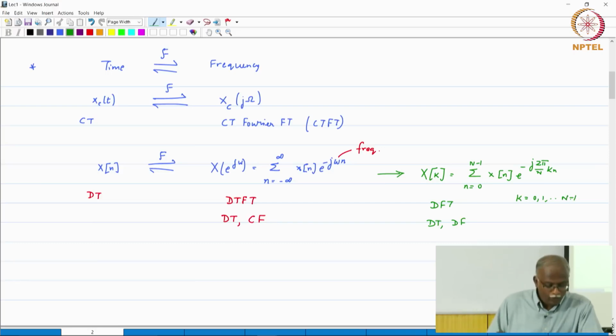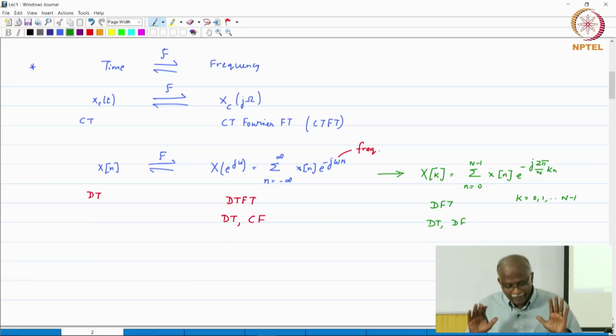What is this transform? The DFT, the discrete Fourier transform, which is discrete in time and discrete in frequency. Very often in our study of DSP, we have these two parallel forms. If it's continuous time, we have the upper branch. If it's discrete time, we have the lower branch, and maybe occasionally we talk about the link between the two.